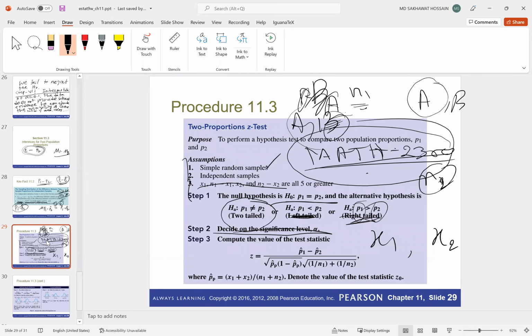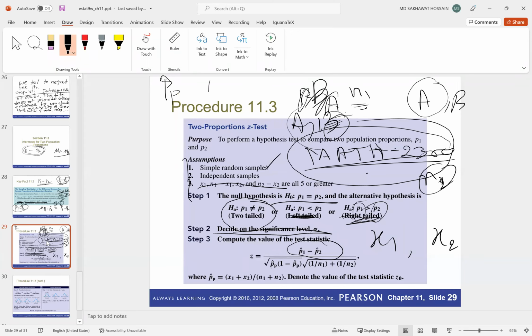The Z is equal to P1 hat minus P2 hat, the difference of the sample proportions, divided by the square root of P hat, the pooled sample proportion. So how do we calculate this?